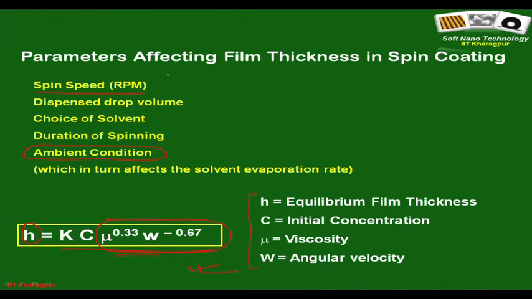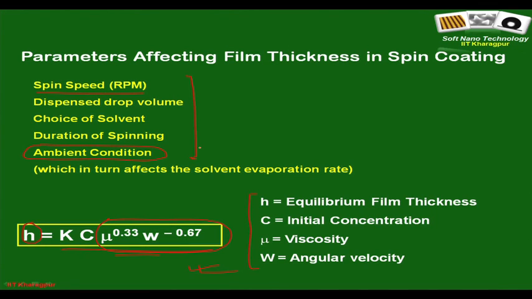So, if you have a highly humid situation, the rate of evaporation will reduce, and let me put it like this, if you are not controlling the ambient environment, reproducibility of your film thickness under identical coating conditions is going to be a critical issue, which often can hinder your performance. So, these are some of the critical parameters.